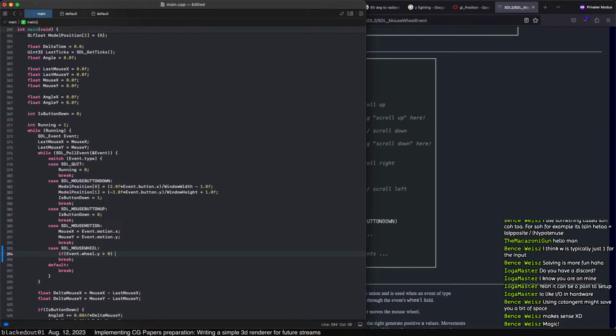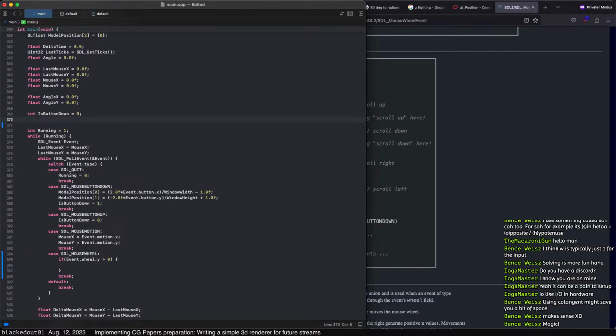So if I scroll the wheel up, and I'm never really sure what to do in this case, I would just try to scale this by like 1.1f.